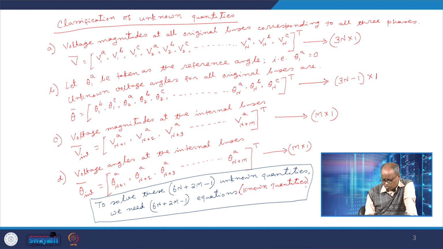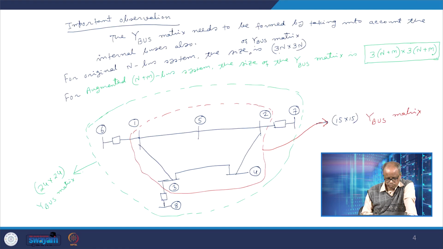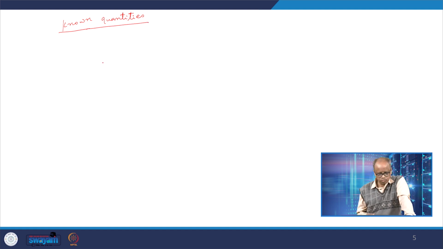So let us first talk about the known quantities, not the equations. Equations we will talk about in a later class. How many known quantities? I need to have 6n plus 2m minus 1 known quantities, otherwise I cannot solve. So now what are the known quantities we know?